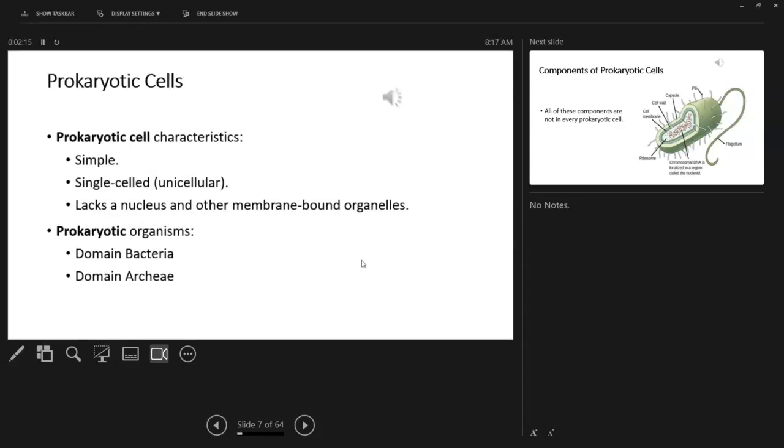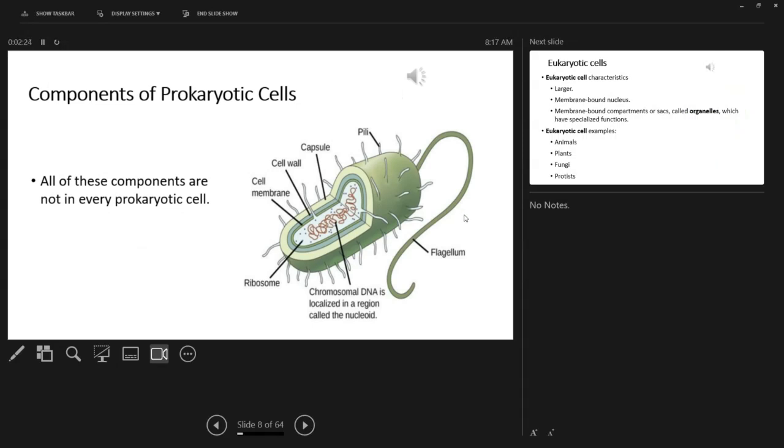So these are all one-celled, small, simple organisms. Here's a generalized diagram of a prokaryotic cell showing the features that some prokaryotic cells have, but most of them don't have all of these things.